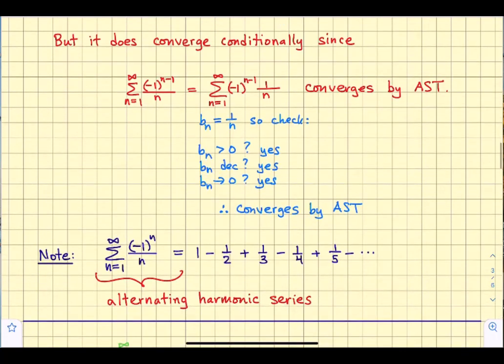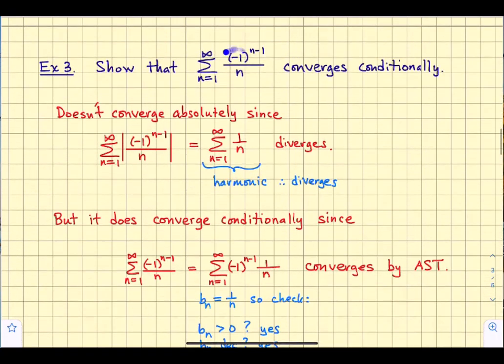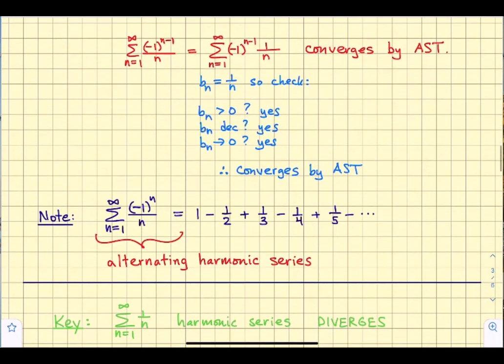Okay? So note that this series, once again, is related to something that we've studied before. When you took the absolute value, you got the harmonic series. Notice that this is just a harmonic series that alternates signs with a +1 and a -1. So this is called the alternating harmonic series.